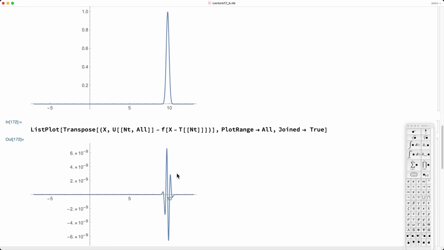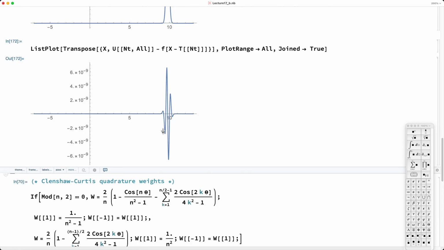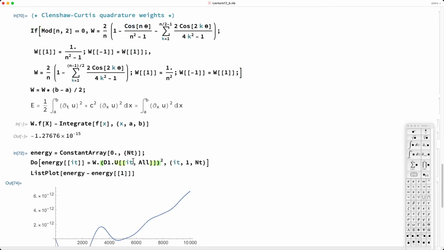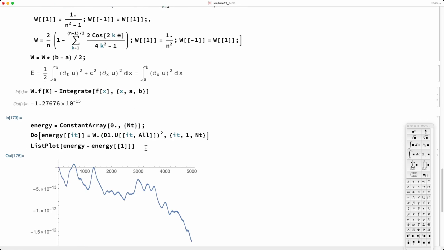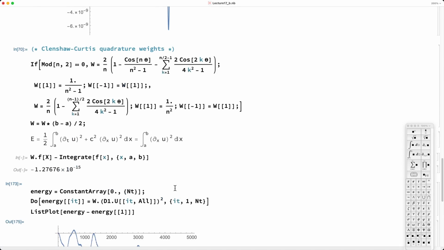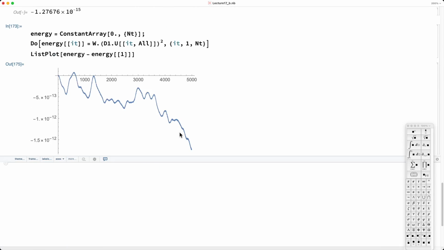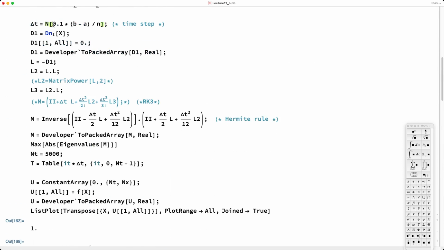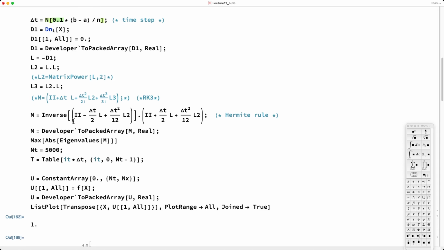The error is relatively low, and the energy is still quite accurate, 12 digits. So remember, we couldn't do that before with the Runge-Kutta method. We couldn't take such large time steps. Again, this is 10 times larger than before. So we were able to evolve for much longer in half the time.